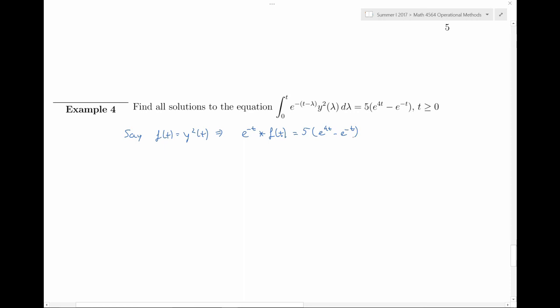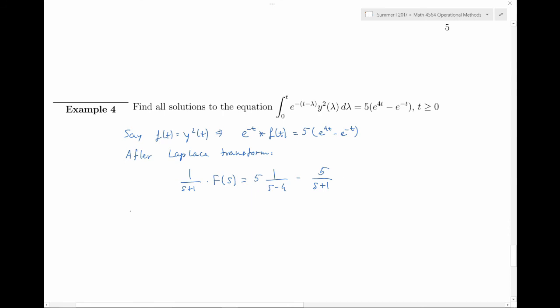Applying Laplace transform, we get that the Laplace transform of e to the minus t is 1 over s plus 1 times capital F of s should be the same as 5 times 1 over s minus 4 minus 5 times 1 over s plus 1.